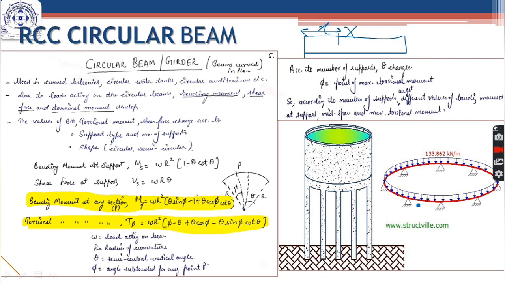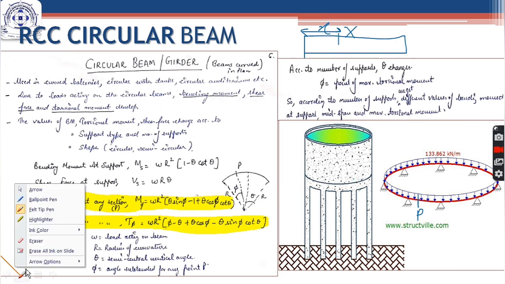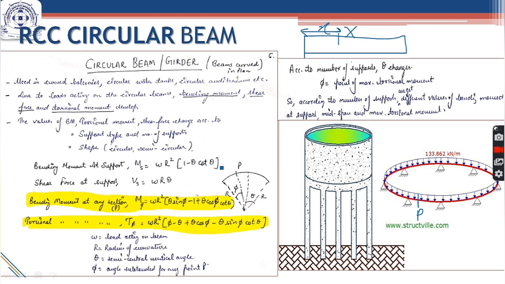But in case of a circular beam, if I am marking any point P here, then how do you define this particular point P? It is not advisable to use the distance, because the distance will not be linear and it will create problems. So in a circular beam or any arc or any circular or spherical structure, if we define a particular point, we have to tell its angle from the support.